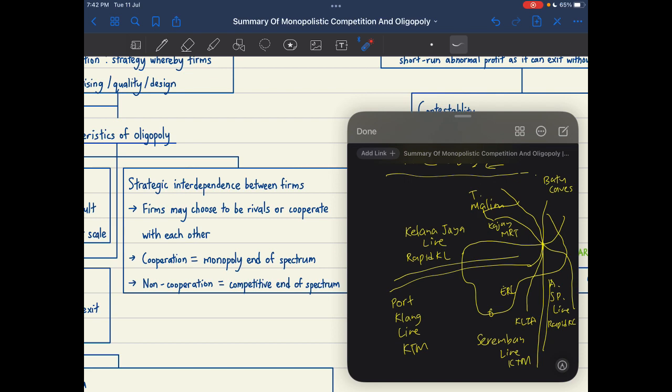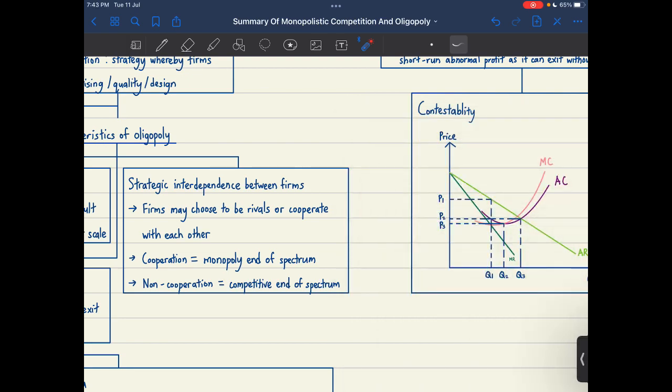Well, not to say many choices, they have some choices, but they'll not choose the worst one, of course. So if these firms, MRT, KTM, LRT, Rapid KL or ERL, don't work together, they'll end up being competitors, at the competitive end of the spectrum. But in this case, it's mostly the monopoly end of the spectrum for the rail line in Klang Valley.